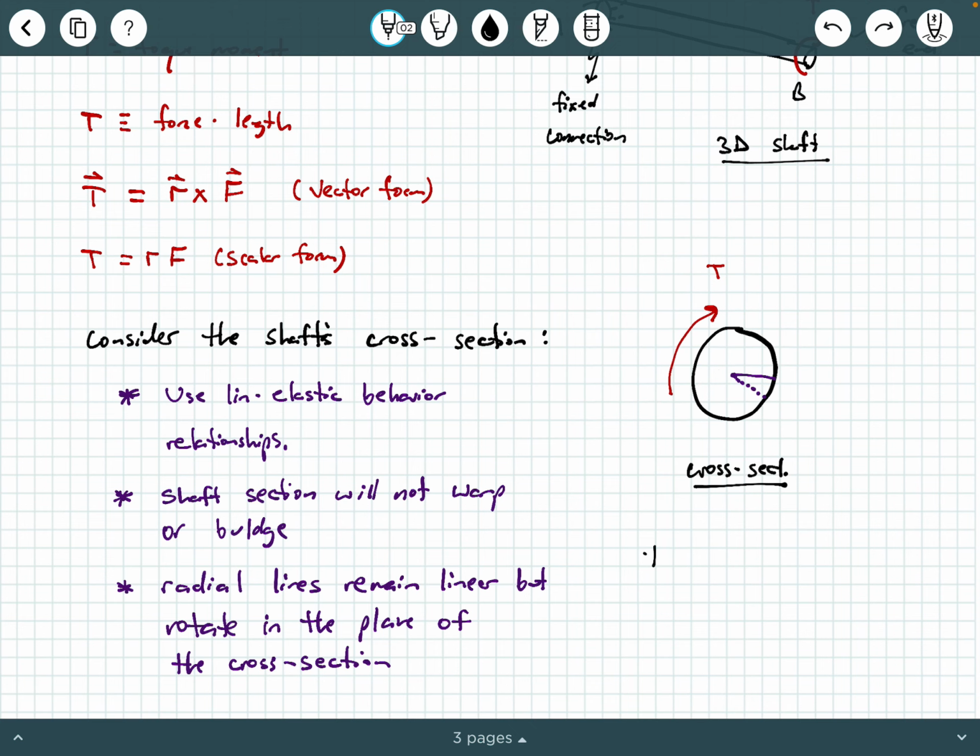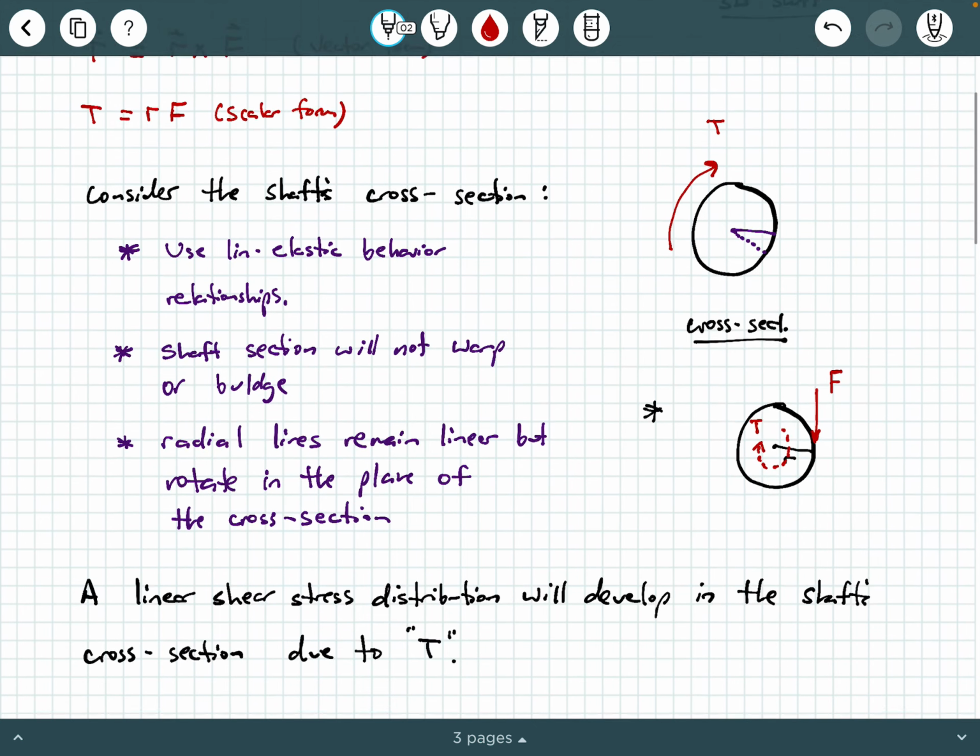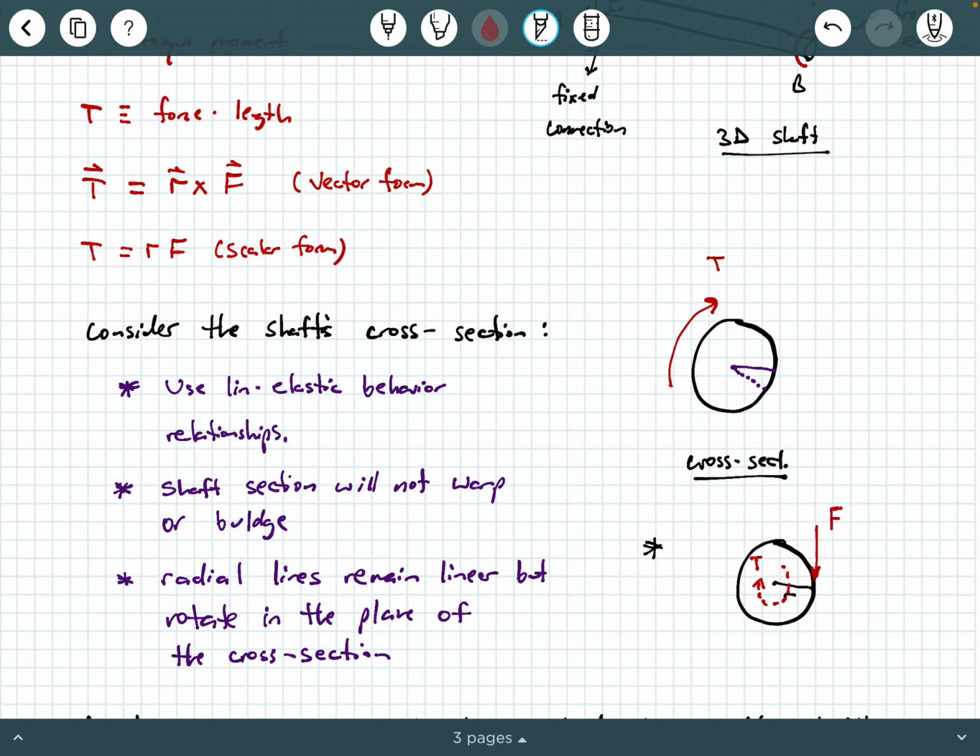We could also have a shaft cross section, and if you have a shaft with radius r and you have an applied force F here at the edge, then this kind of torque moment could be generated just like this T from one of these relationships here, okay? So that's where we say T is going to be R times F, or R cross F, okay?